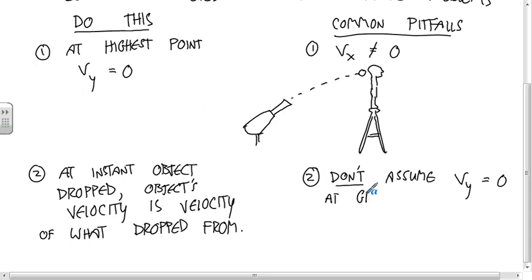This is something I told you not to make the mistake of doing in 1D. The two-dimensional equivalent is, if an object goes way up into the air, comes down, and hits the ground, at the instant it hits the ground, its y velocity will be 0 because it stops. But we can't assume that in our problems, because by the time the object hits the ground, it's not in free fall anymore. We can't assume that for the same reason we couldn't in 1D kinematics.